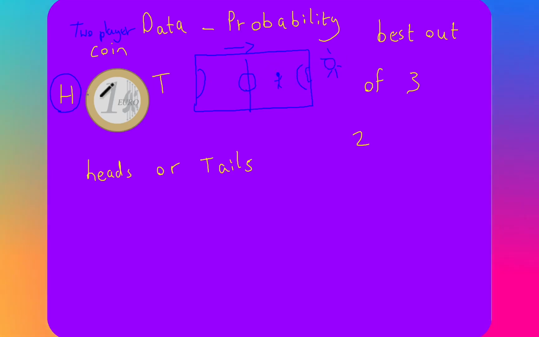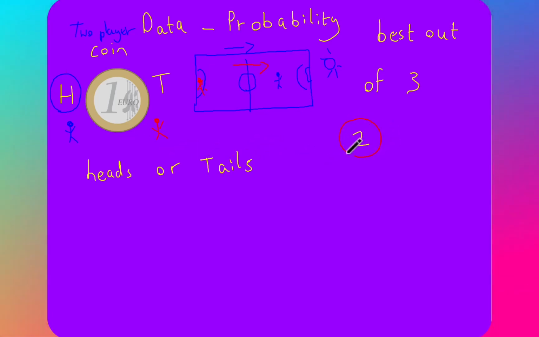Therefore, when two teams are coming up head to head, the referee takes out a coin and says, okay, I'm going to flip this coin, choose heads or tails. One team will choose heads and one team will choose tails. Whoever wins the coin toss gets to choose what direction they want to score in and where they want to keep their goalkeeper.